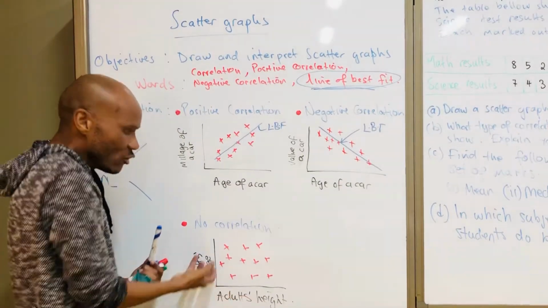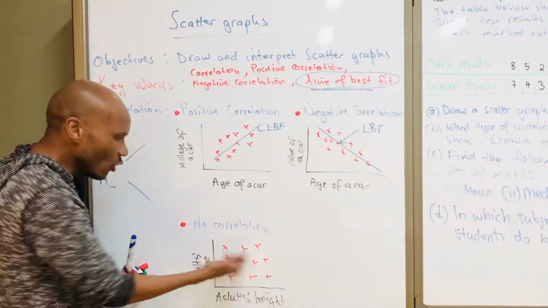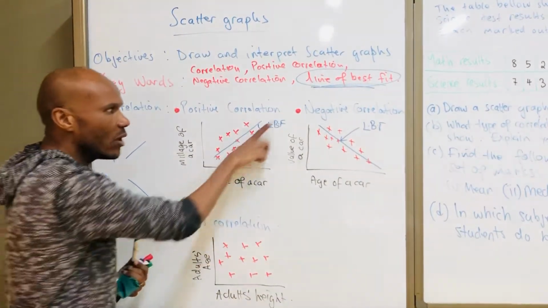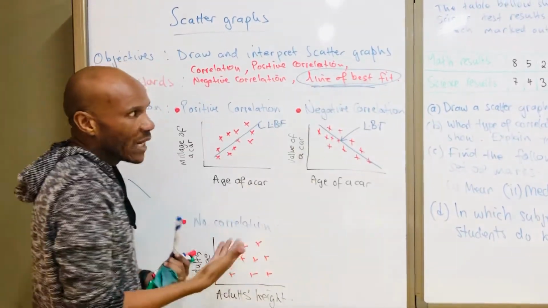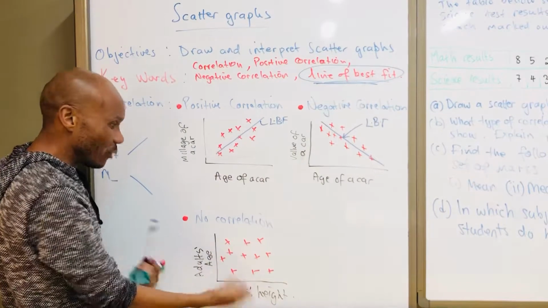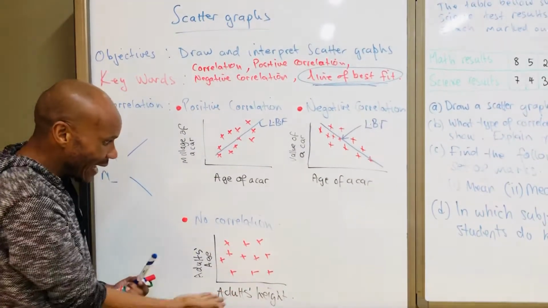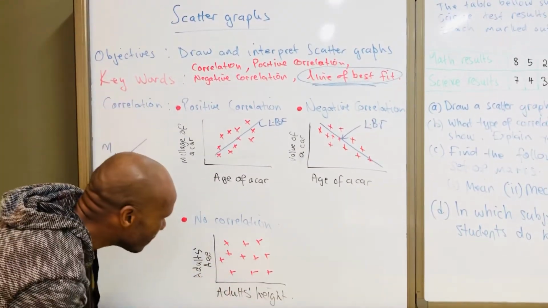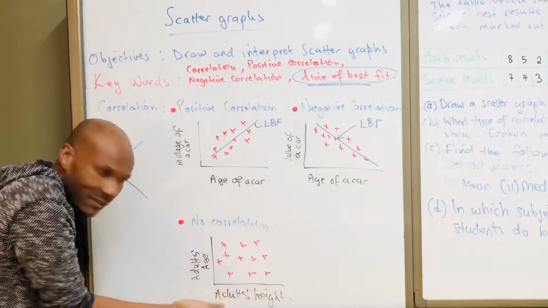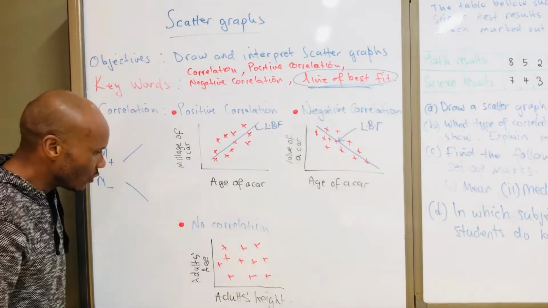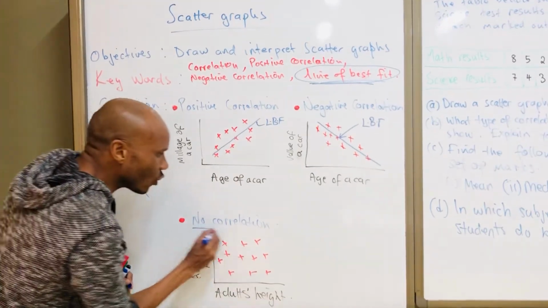I think there is no correlation there. There is no correlation because I cannot draw any line of best fit, whether it's positive or negative. I can't make sense of the data that I have here.